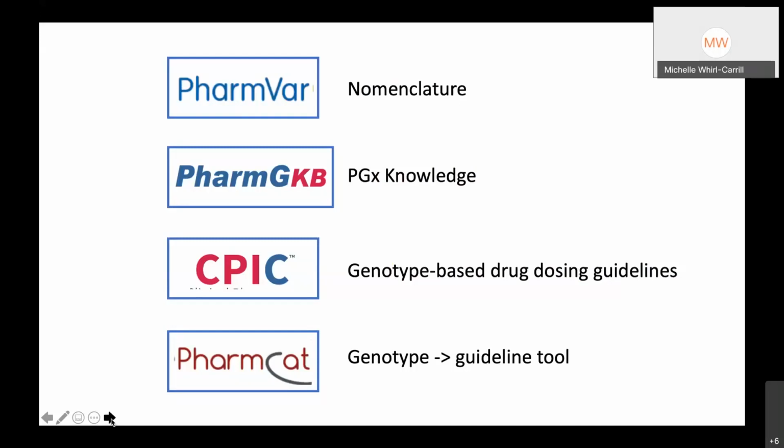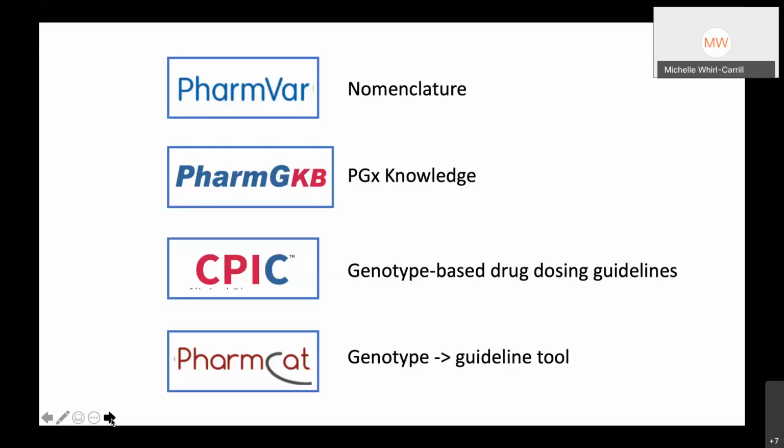CPIC focuses primarily on writing genotype-based drug dosing guidelines. These are guidelines that clinicians can use actively in their clinic for a way to implement pharmacogenomics in their medicine practice. PharmCAT is a tool to help implement all of the information that CPIC is putting out.